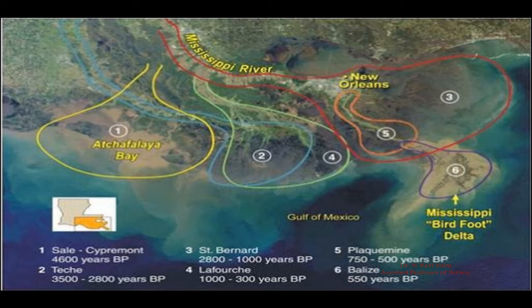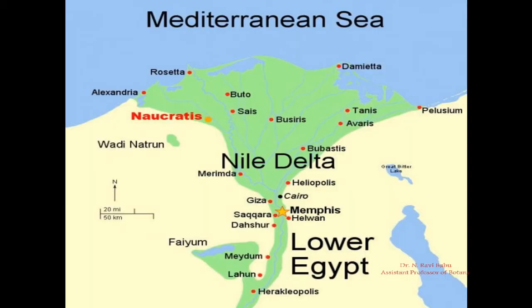While we take the Mississippi as an example, there the shape of the delta is like a bird's foot. And when taking the river Nile, the Ganges, of course the Mekong, we find the fan-shaped delta, and that fan-shaped delta is popularly known as the arcuate delta, with numerous tributaries.